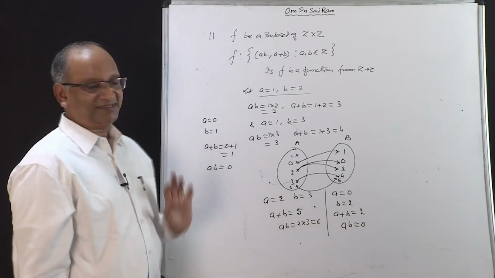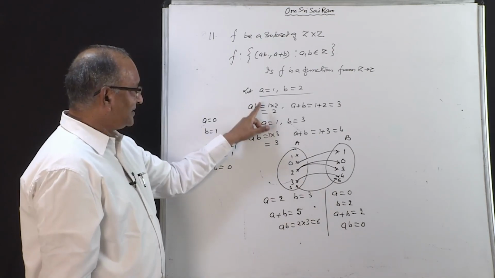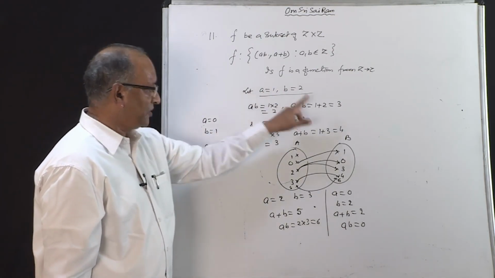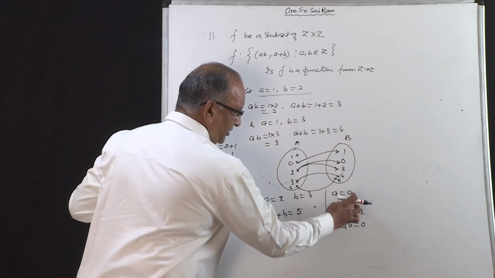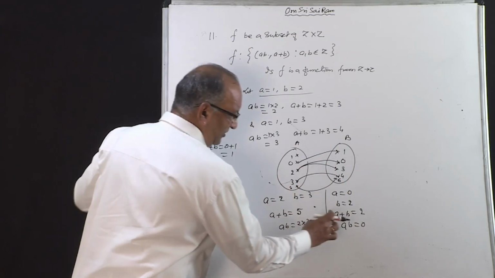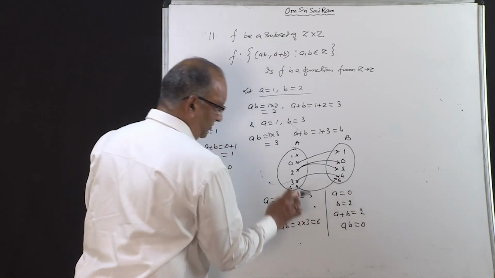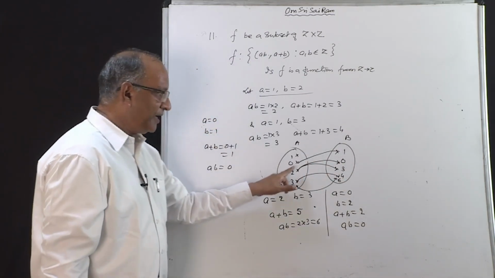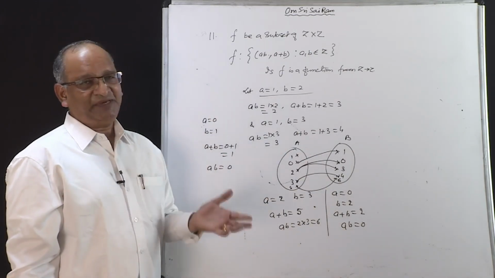This justifies it. In the example A equal to 1, B equal to 2, we got 2 has an image on 3. When we take A equal to 0 and B equal to 2, we find A plus B is 2 and A into B is 0, meaning 2 has an image on 0. Since 2 has an image on 0 as well as 3, what is the definition of function?